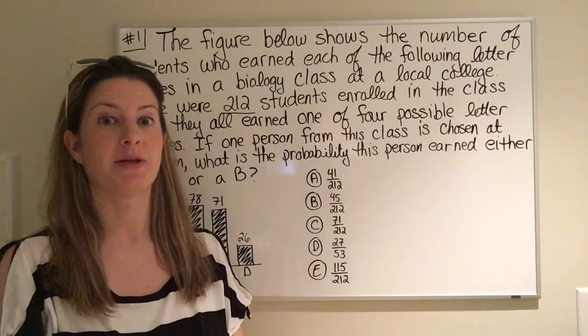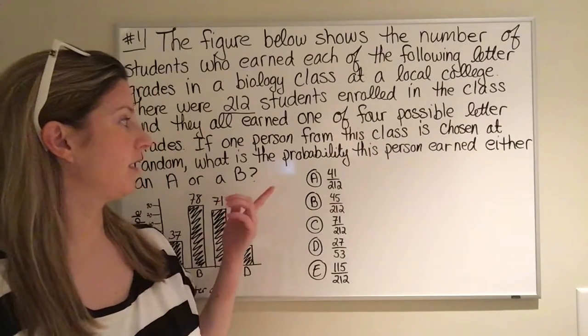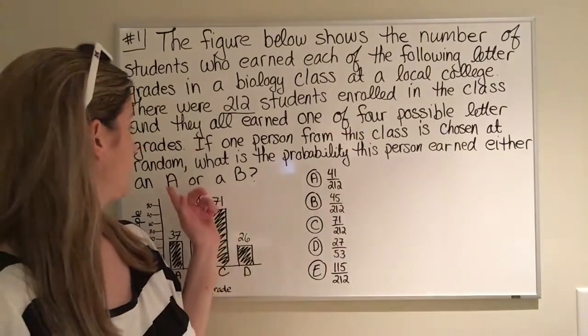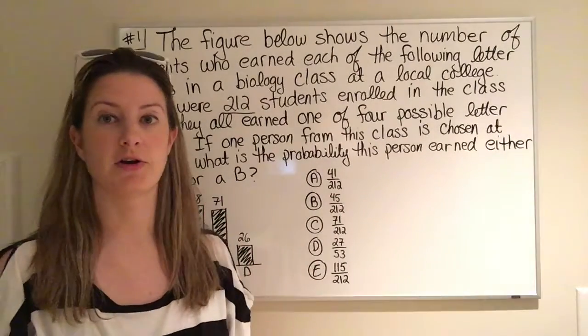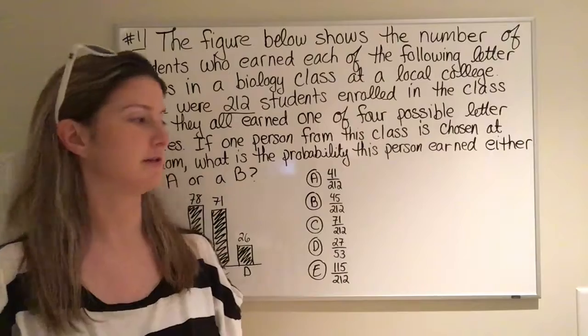Another way to solve this problem is to think about the probability that the person earned an A and the probability that the person earned a B as mutually exclusive events.